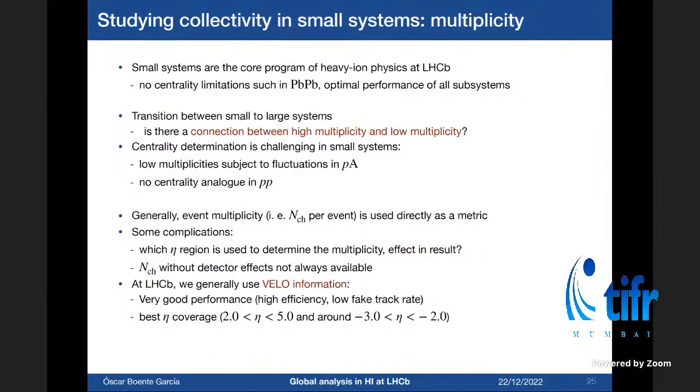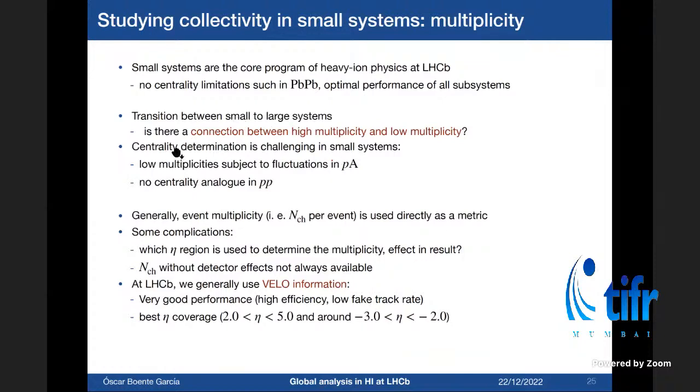Why do we want to look at small systems? Well, as I said, also to study the transition between these phenomena that we see that are QGP-like in small systems, and to see if there is some kind of connection between high multiplicity and low multiplicity in different systems.